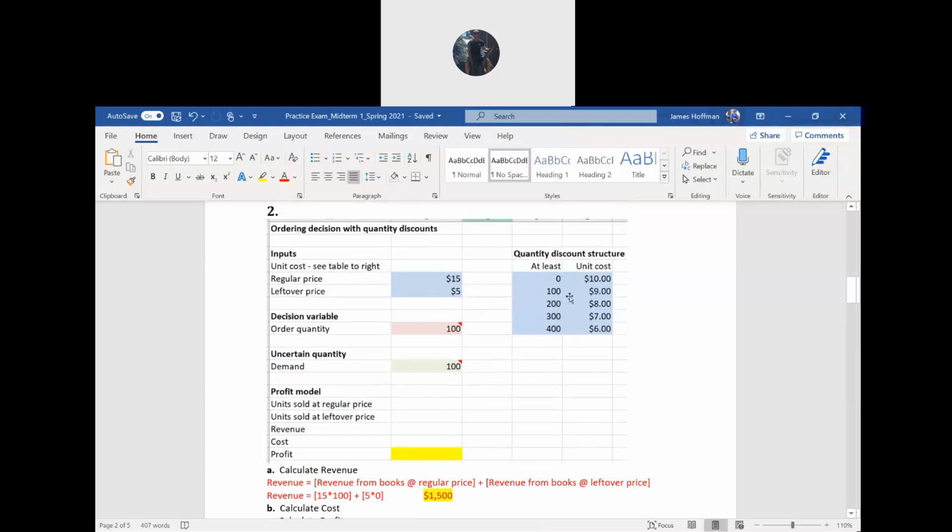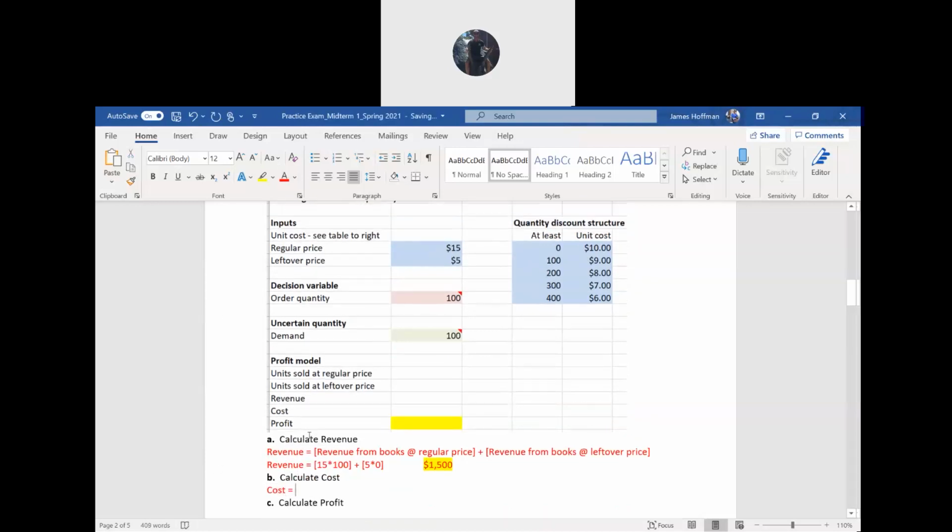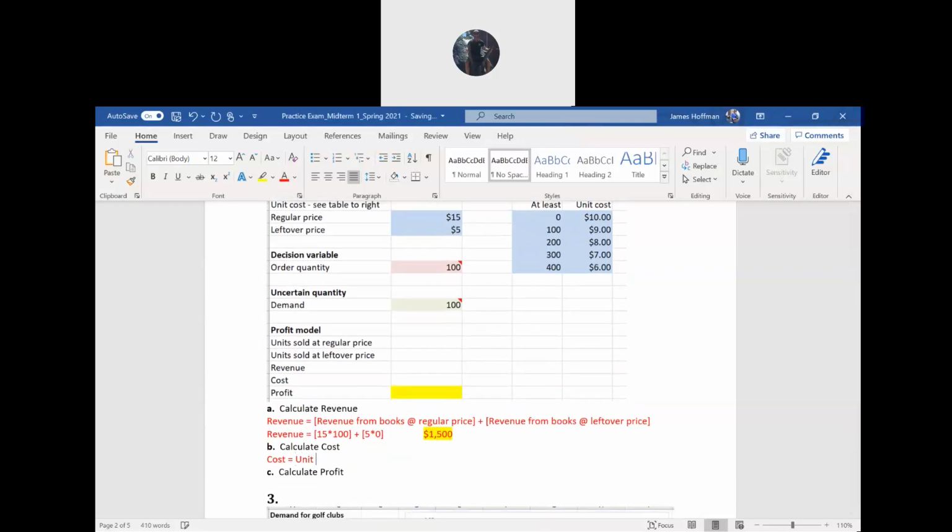So you have to look at the chart and take the price that you're going to pay based on the chart. So okay, cost is just going to be the unit cost times how many books we ordered.